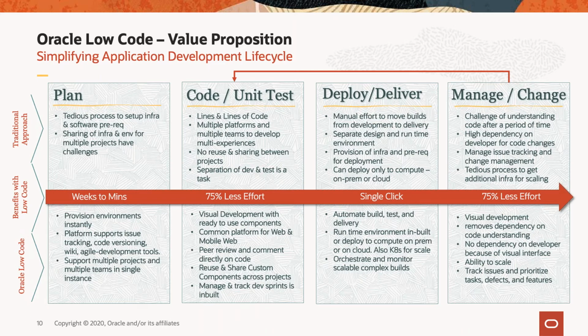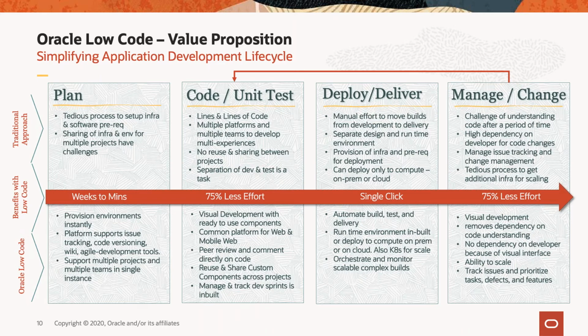So if you look at planning for provisioning environments on the cloud with the low-code environment, it takes minutes instead of weeks, right? Because it's a single click and you provision your development environment, and you can do the same thing with UAT, test, and production.